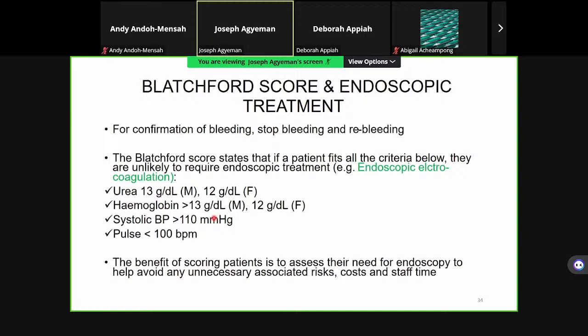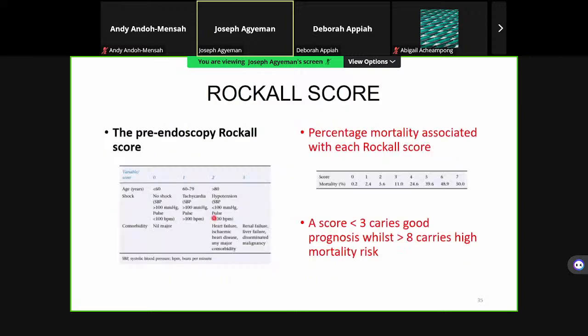If the person fails this, then of course, there may be the need to do an endoscopic treatment. But before you do the endoscopic treatment, you also need to score the patient to know the mortality risk. This is what we mean by the Rockall score.